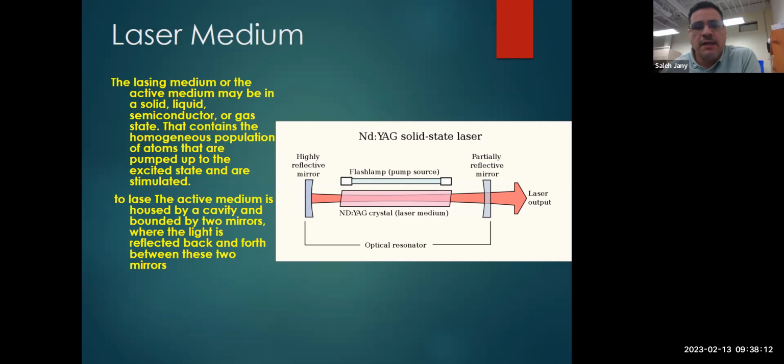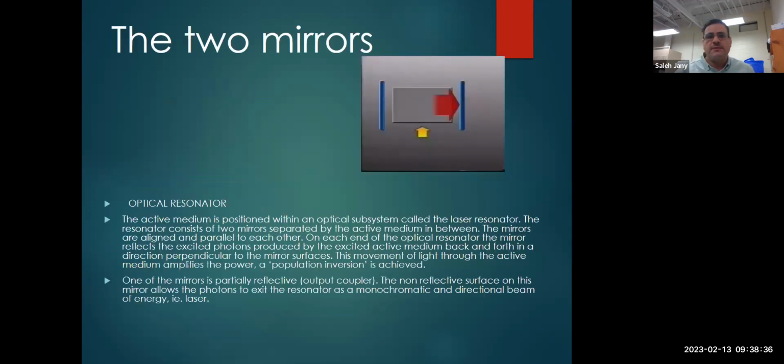It will stimulate it, and there are two mirrors. One mirror is 100% reflecting. The other one is partially reflecting. So when the photons go and come back, stimulating each other, in the end part of the laser energy will go out.